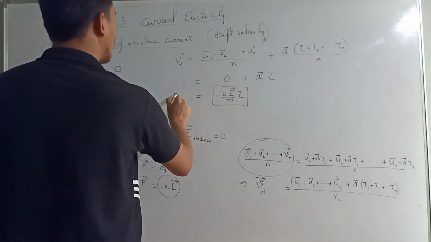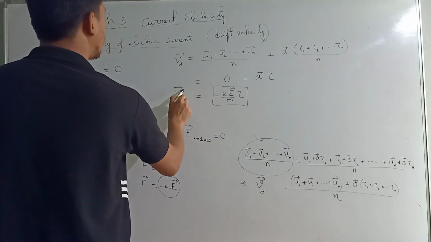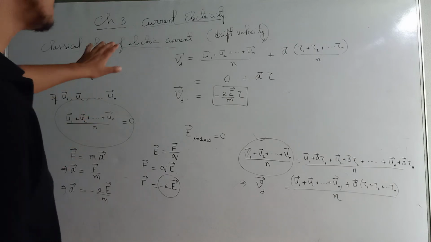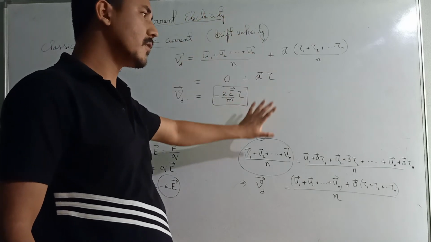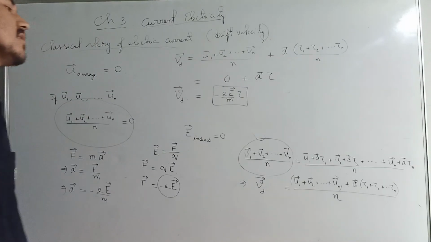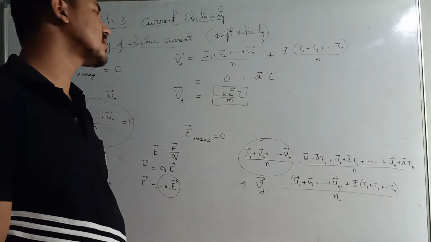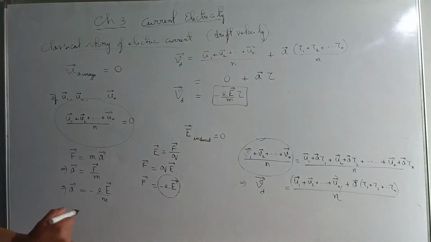So this is the required expression for the drift velocity of the electrons in the conductor. So I repeat, drift velocity means the average velocity with which the electrons get drifted under the influence of the external electric field.